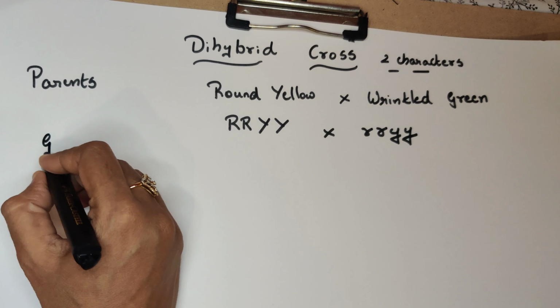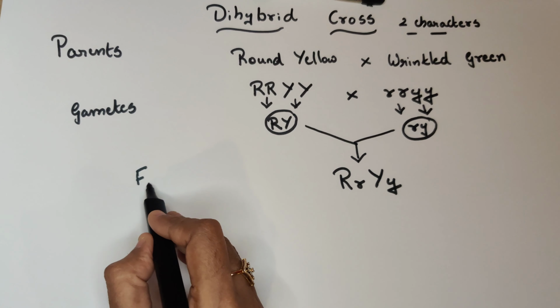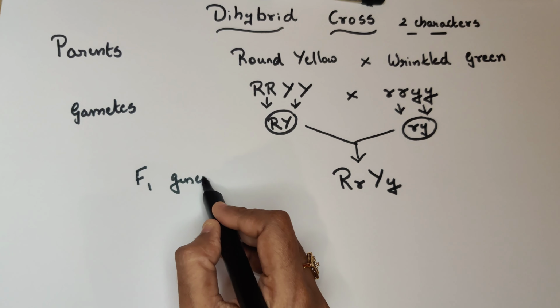Now when you join these two together, what is the resultant F1 offspring you get? You have capital R, small r, capital Y, small y. Remember, in monohybrid cross you had a capital T and small t. That is one character. Here we are talking about two characters, so you have capital R, small r, capital Y, small y. So this will be your F1 generation.